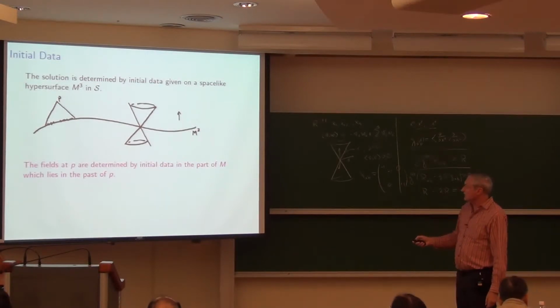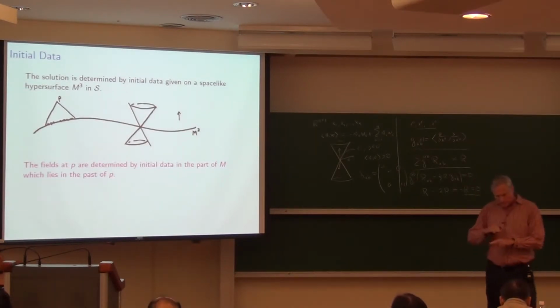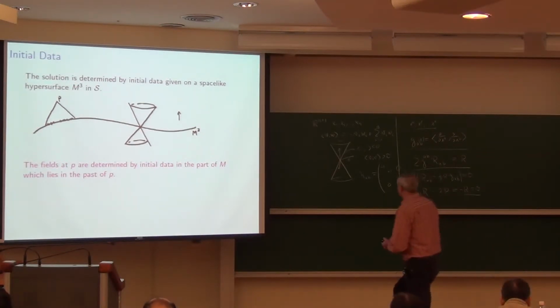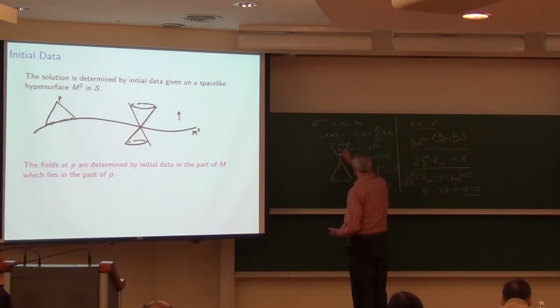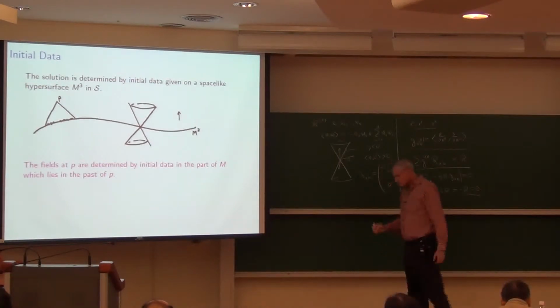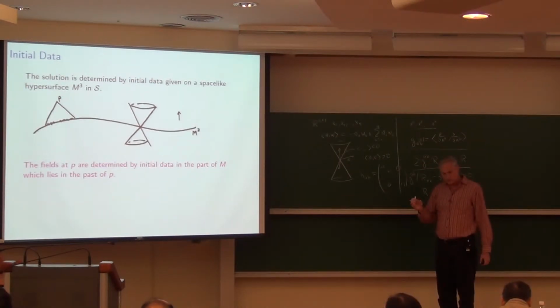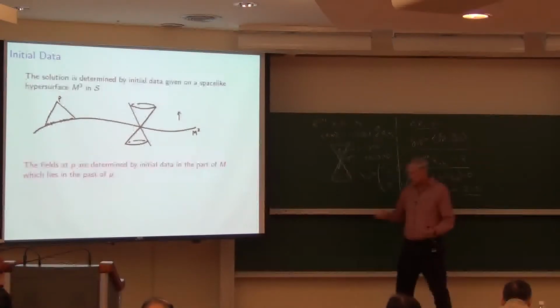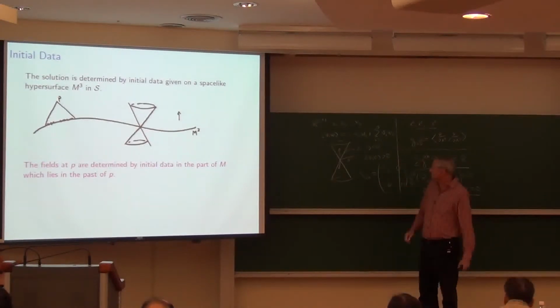This M will be a space-like hypersurface. What that means is that at every point of M, the tangent space intersects the light cone only at the origin. Using the fact that we can classify vectors as space-like, time-like, or null, we can similarly look at hyperplanes, 3-planes or n-planes in this picture.